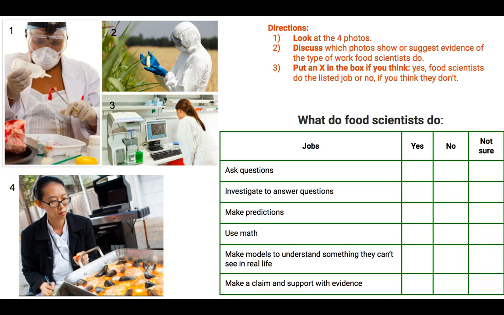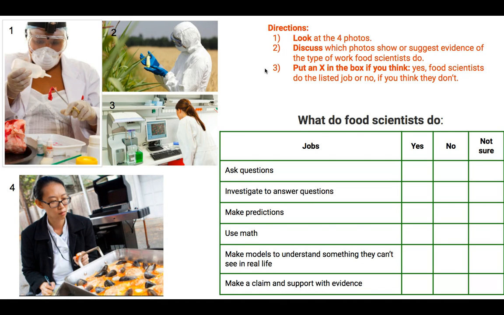This is slide 8. On this slide, you are going to respond to the prompts that you see in this table. Step 1, look at the 4 photos. Here's photo 1, here's photo 2, here's photo 3, and here is photo 4. These are all photos of food scientists doing their research.